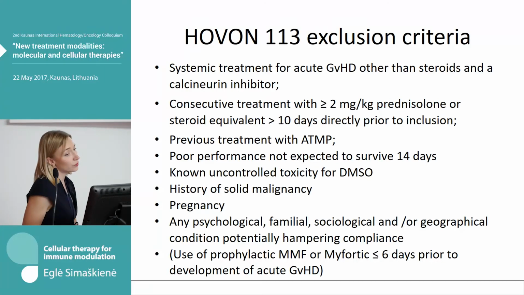The same applies to consecutive treatment with 2 milligrams per kilogram prednisolone or steroid equivalent for more than 10 days directly prior to inclusion, previous treatment with ATMP, poor performance, not expected to survive 14 days, known and uncontrolled toxicity for the MSC, history of solid malignancy, pregnancy, psychological, familial, sociological, and/or geographical conditions potentially hampering compliance, and use of prophylactic mycophenolate mofetil or Myfortic less than 6 days prior to development of acute GVHD.